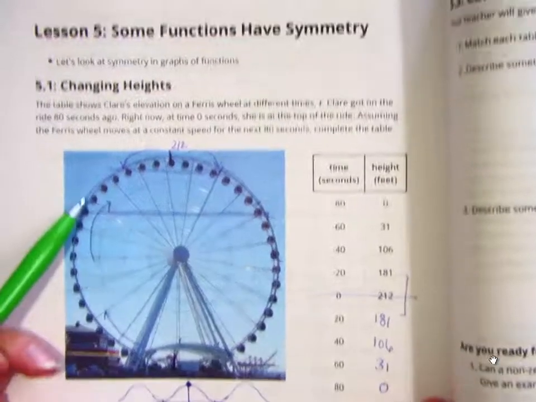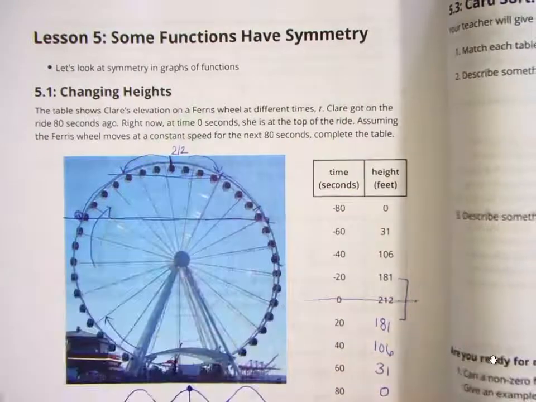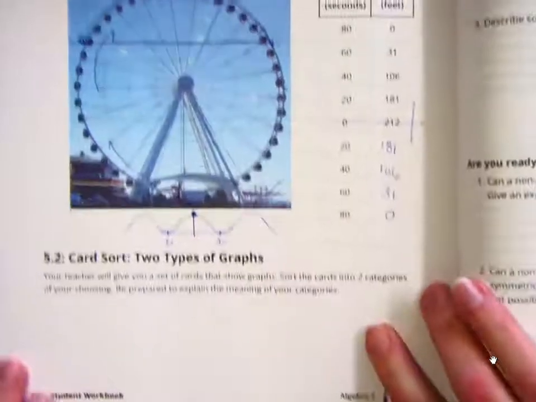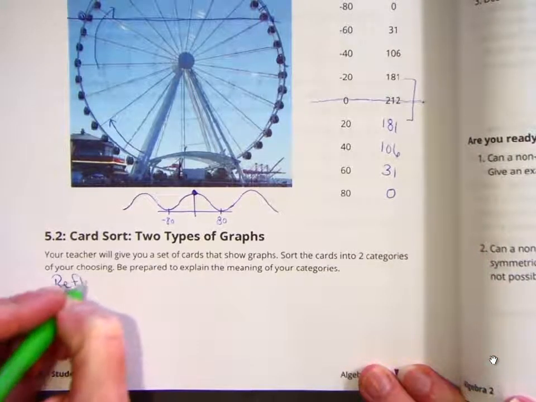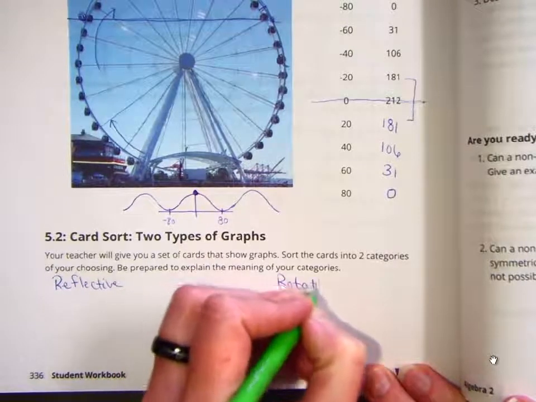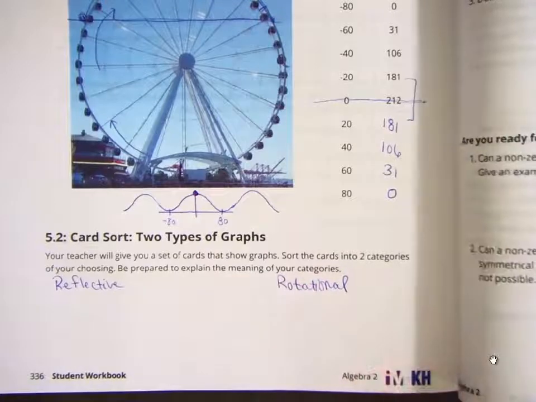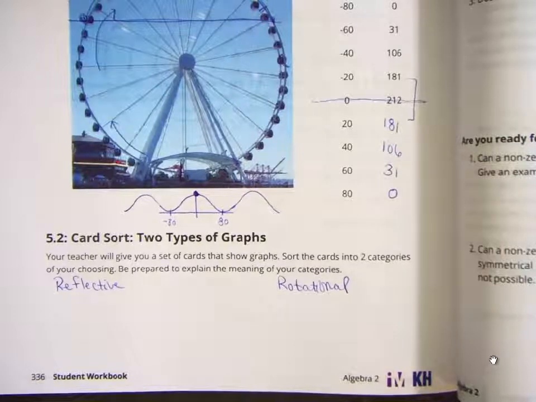But I see that our Lesson 5 is talking more about symmetry. And you may remember from your Unit 5 check for readiness that there are two kinds of symmetry that we're interested in. There's reflective symmetry, and there's rotational. And this reflective and rotational symmetry, we actually also have another name for them here in Algebra 2, and in other classes, of course.